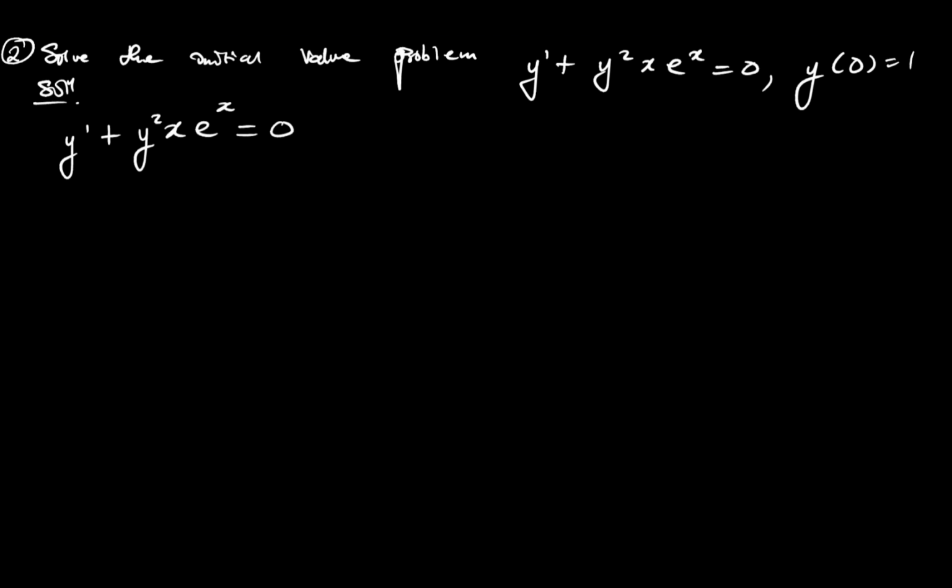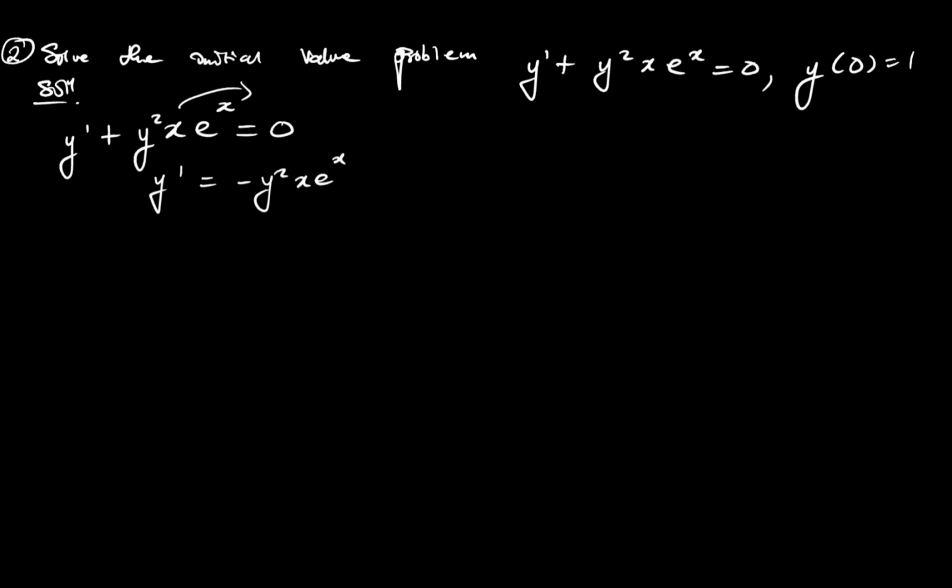So remember, we're having variables of x and variables of y. So it's best that we make sure that we separate the variables. The best way we can do this is by taking either y prime or y squared x e to the x on the other side of the equation. So by doing that, we'll have y prime being equal to minus y squared x e to the x.